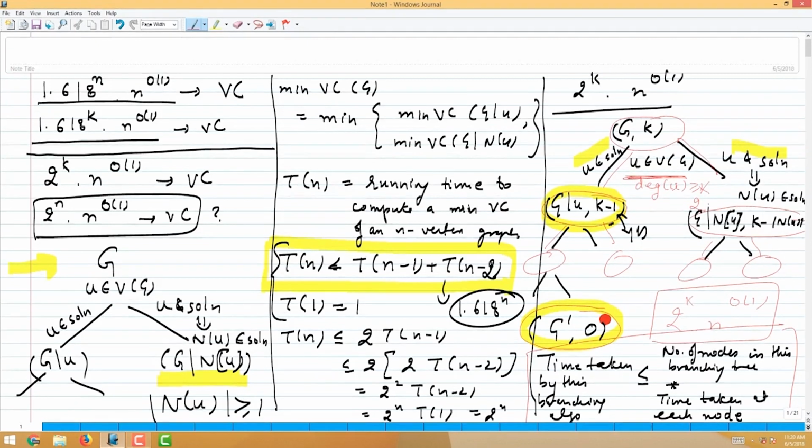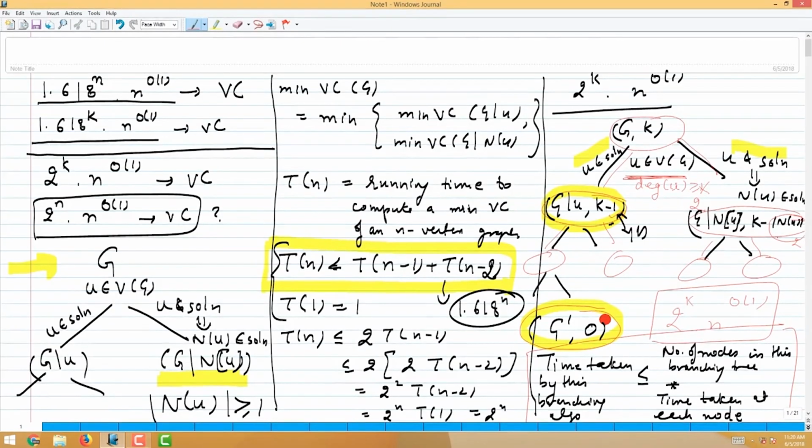So if u goes to the solution, fine, we put u in the solution, decrease k to k minus 1. If u does not go to the solution, all the neighbors go. But what is the size of this? It will be at least 2, right? So now at least intuitively it looks like this branching tree will not be a complete binary tree now, right?